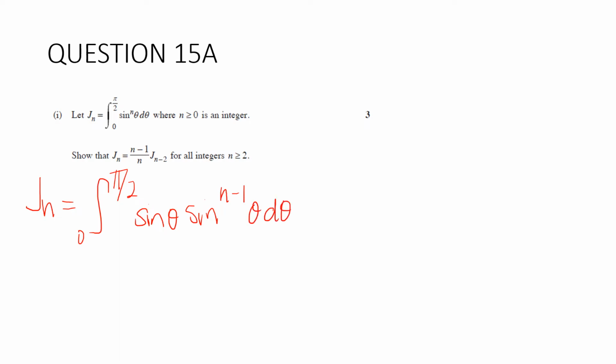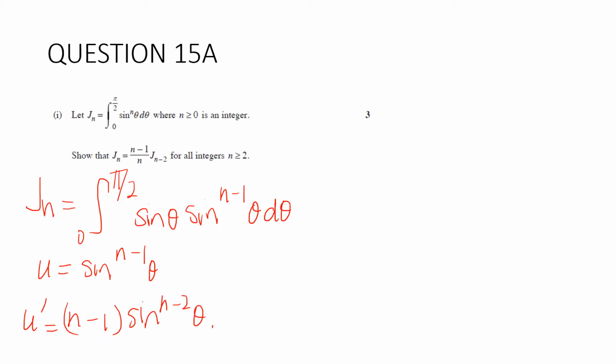So we have u is equal to sine to the power of n minus 1 theta, and u dashed will be (n minus 1) sine to the power of n minus 2 theta multiplied by cos theta, and then v dashed will be equal to sine theta, and so v will equal negative cos theta. Okay, Jn is equal to u times v.